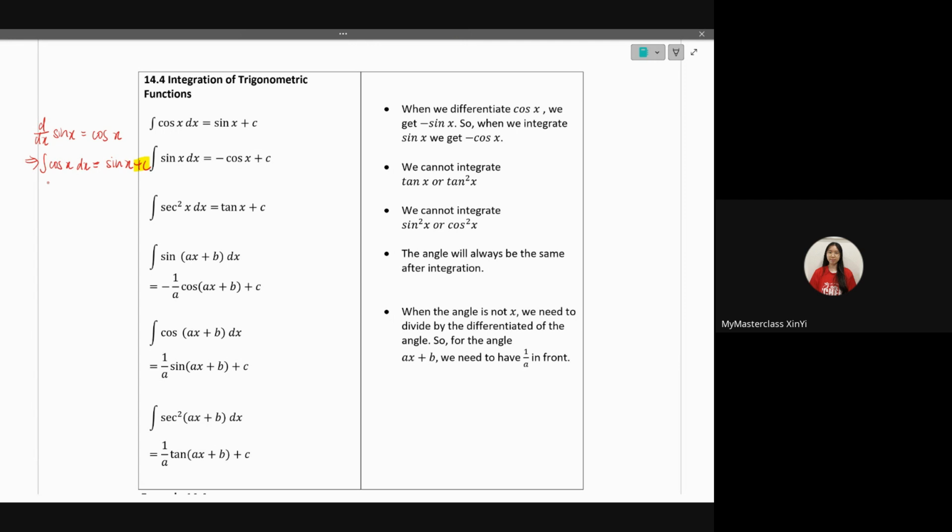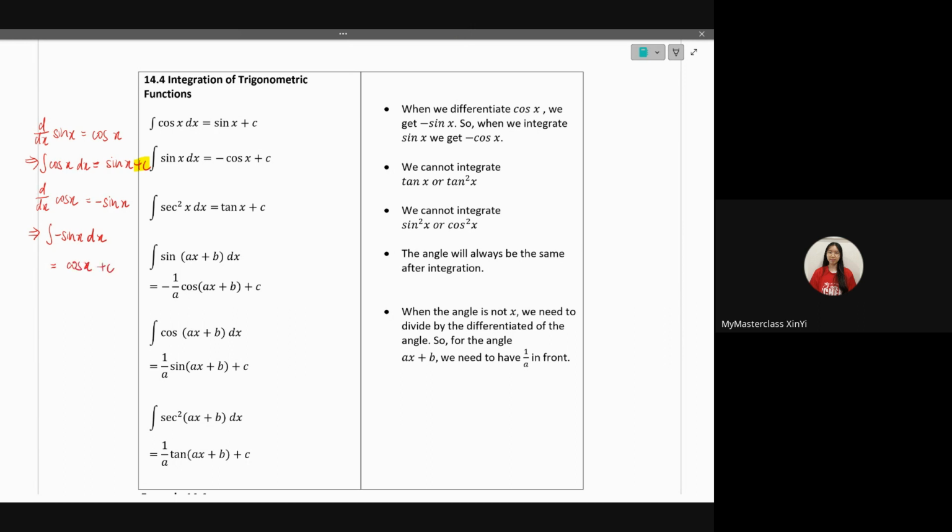Then when we talk about differentiating cosine x, we will actually get negative sine x, right? So when we integrate negative sine x with respect to x, we will actually get back our cosine x.